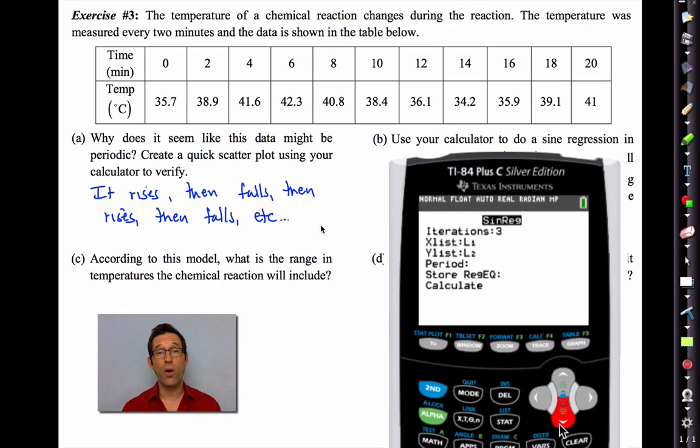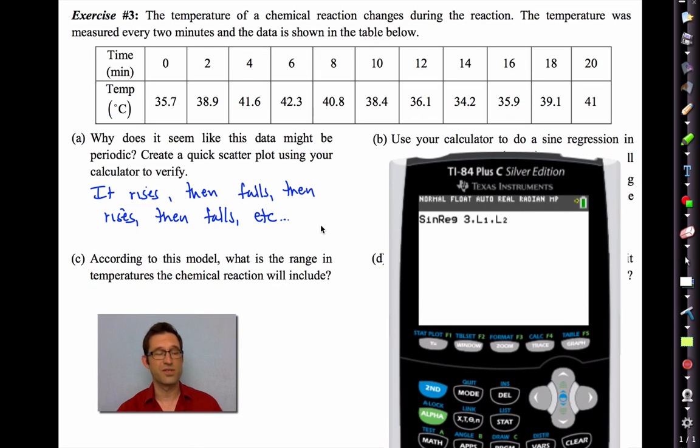And if you recall, actually, just look, the data is all separated by 2 minutes each. If all the X values are at regular intervals, i.e. they're all 2 minutes apart or all 5 minutes apart or all 10 minutes apart, there's no need to put the period in. So I'm not going to put the period in. And everything after that is just hitting enter, enter, enter, and getting our results.